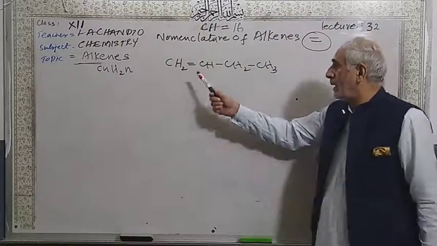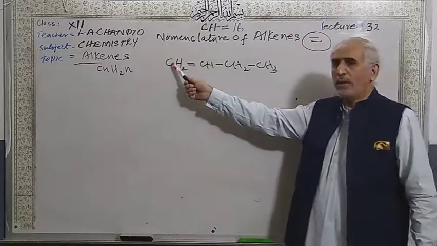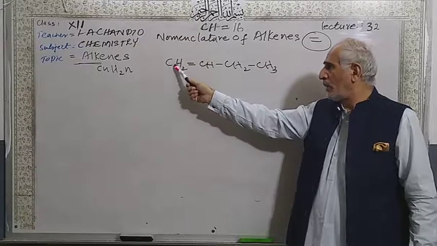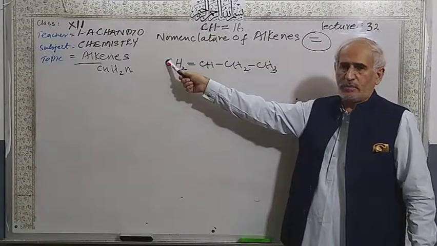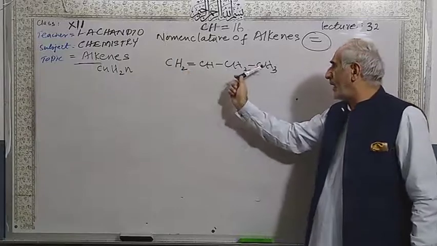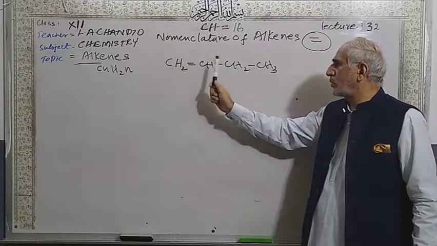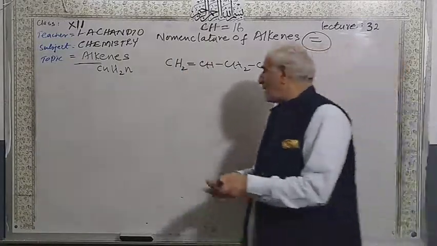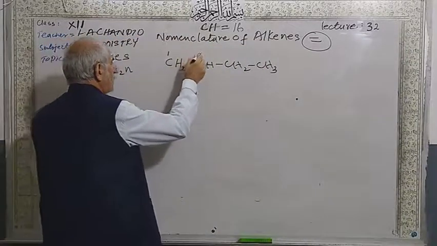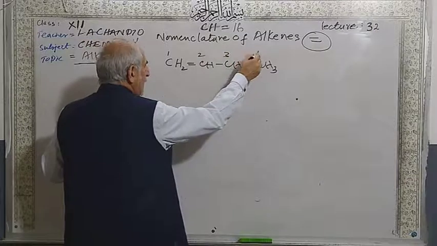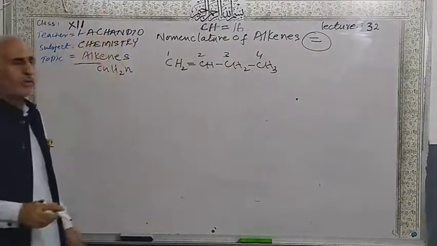Second, starting from here, the double bond is between carbon 1 and 2, so it is on carbon 1. If we start from the other side, 1, 2, 3, it is on carbon 3. So the rule is that we number from the end nearest the double bond.